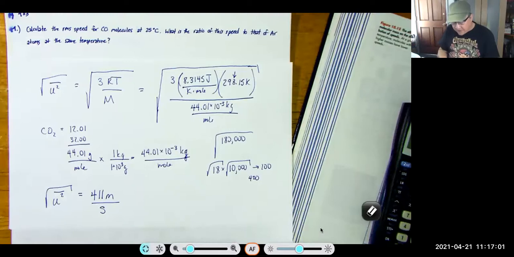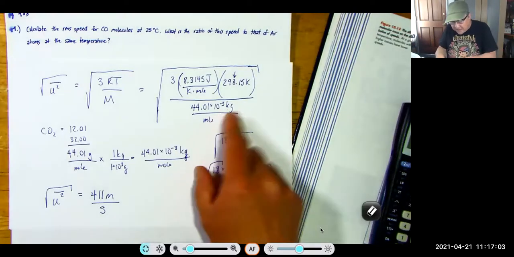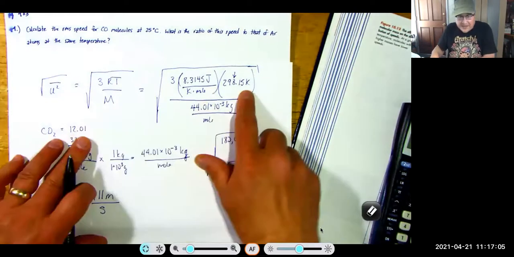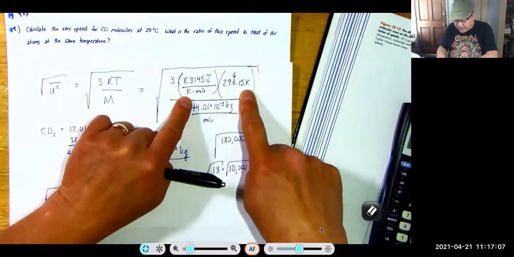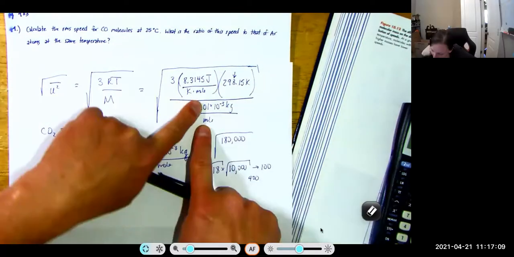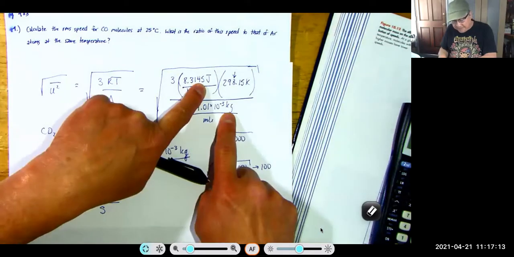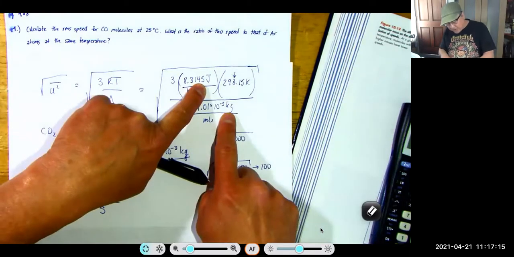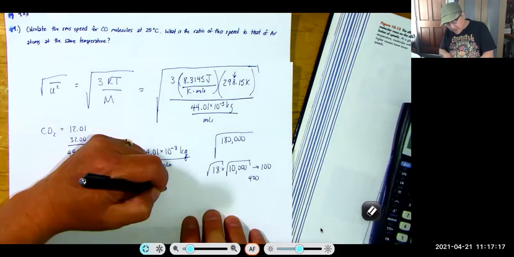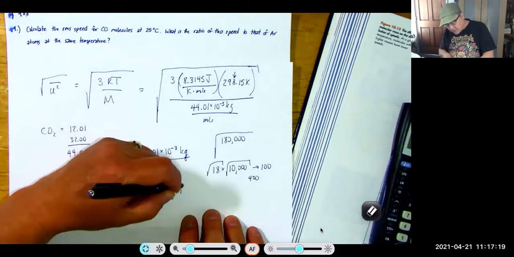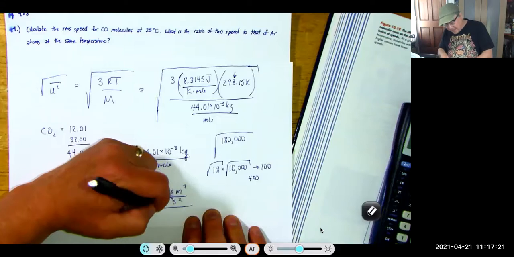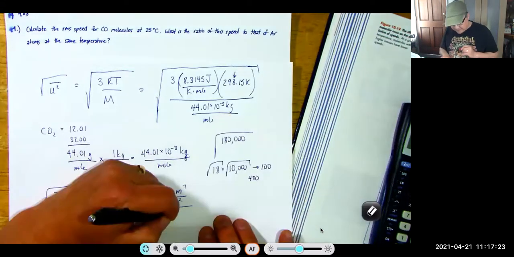Well, we do have it in our equation because if we look at the above, do you see how the K's cancel? Yeah. Do you see how the moles cancel? Yeah. Well, we're left with kilojoules and kilograms, right? Yeah. And a joule is actually a kilogram meter squared per second squared divided by that kilogram. What happens to the kilograms?